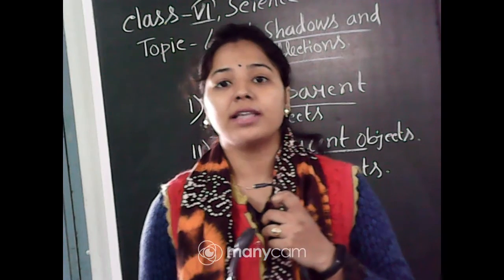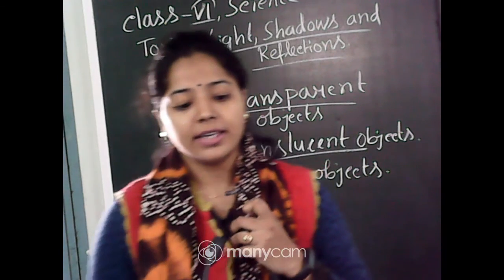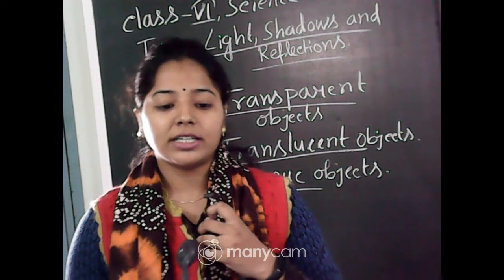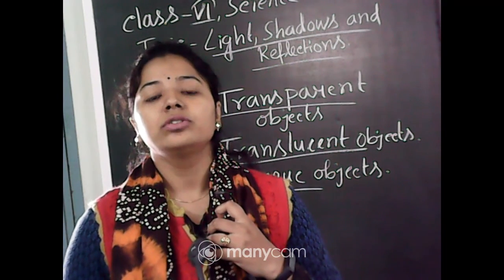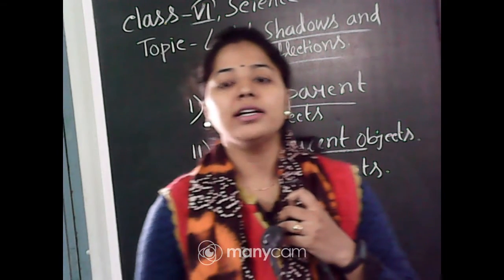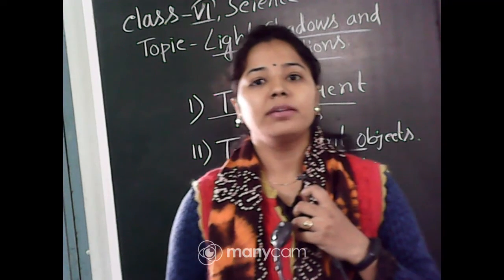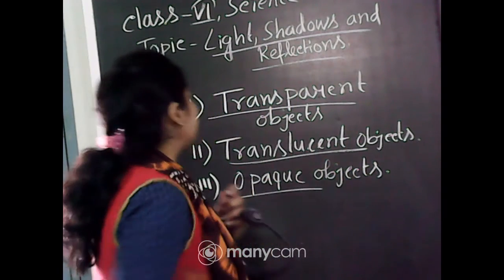These all are examples of transparent objects. You know? Yes, very good. So here we have seen what are transparent objects, the objects which pass light through them and they become transparent. As you know, transparent means crystal clear. Okay, so these are called transparent objects.